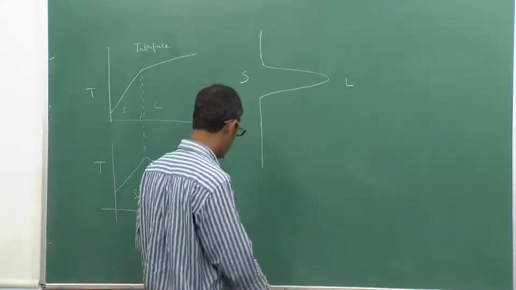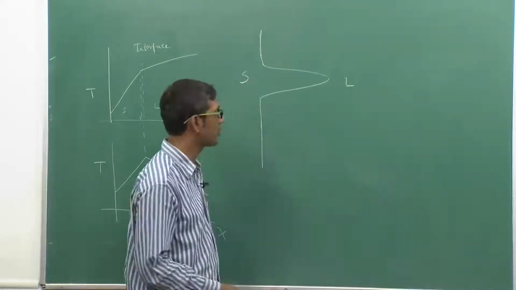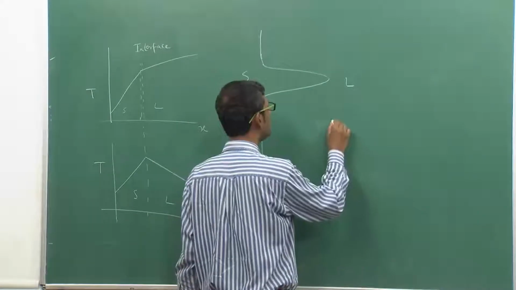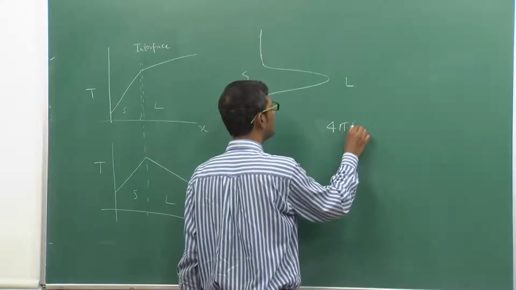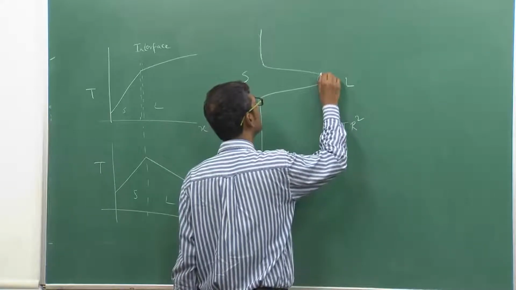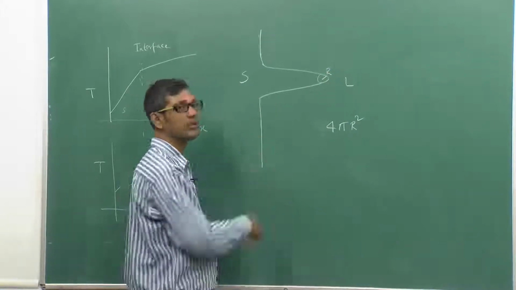So therefore I can write down, when the dendrites grow, this growth actually happens in certain crystallographic directions. Let us suppose this is the radius of the tip of the dendrite. That is more important, because that is in touch with the liquid.